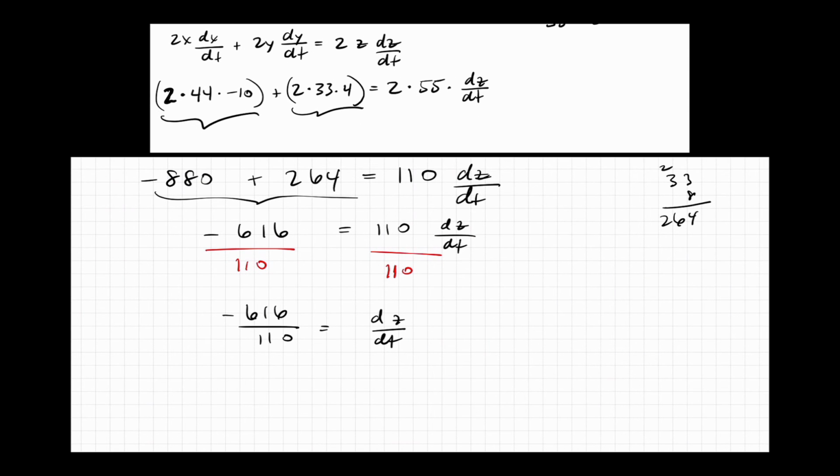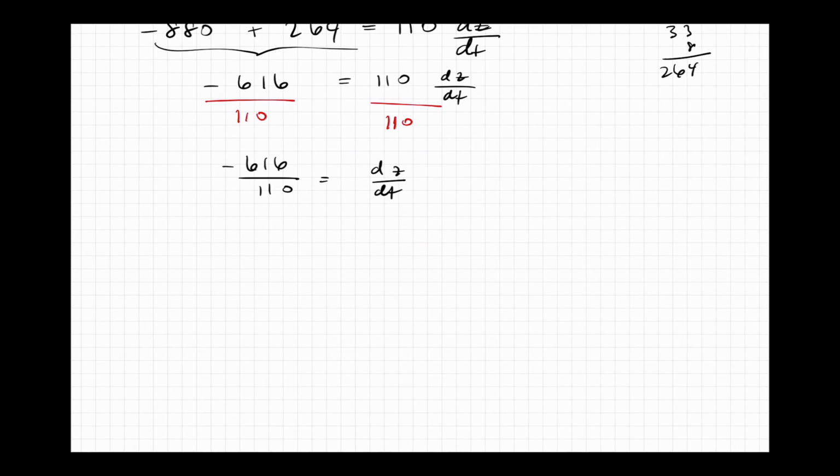Is that what you guys got, if I did my arithmetic correctly? You can simplify that. I mean, you can divide it by 2. If I divide it by 2, it's something over 55, negative 308. If you get to that point, I'll give you full credit. It might be able to reduce again.